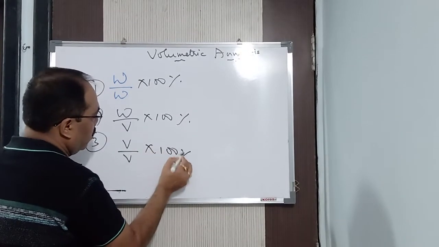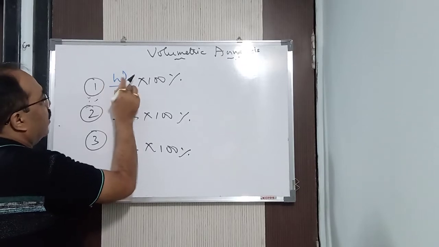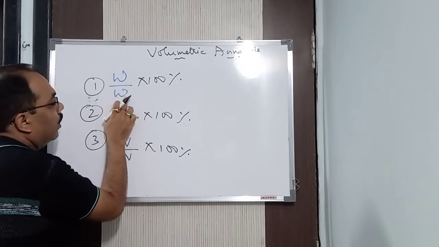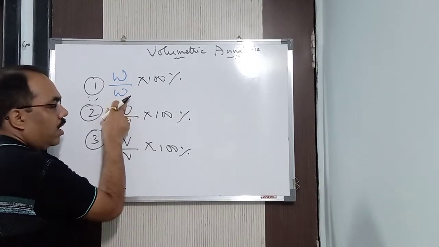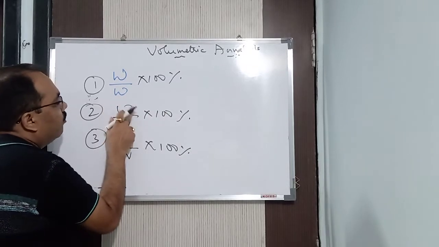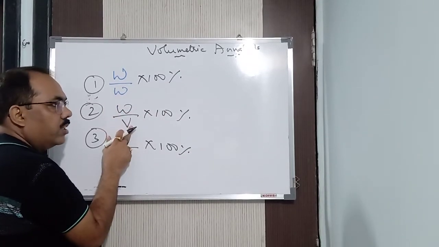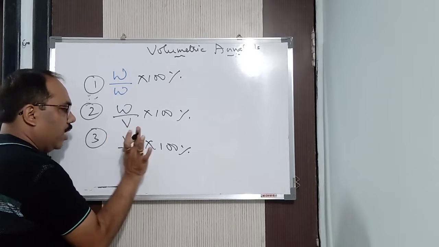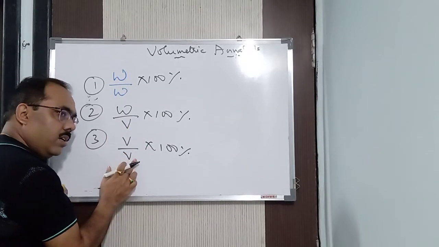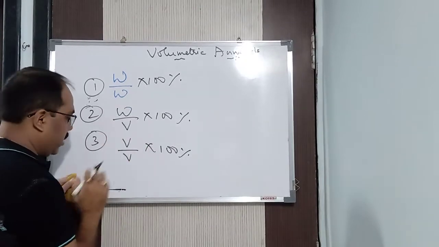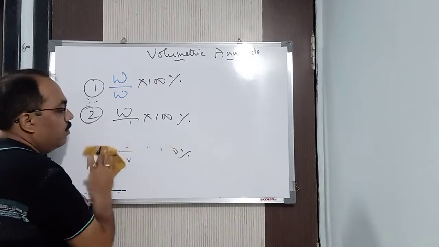All these things I told you. So W by W means weight of the solute by weight of the solution. Generally, you can take the weight of the solution as, let us say, 100 grams. Similarly, weight of the solute by volume of the solution, which may be, let us say, 100 ml. And volume of the solute by volume of the solution, in this way. All these things were discussed in the regular classes, so this will be used now.